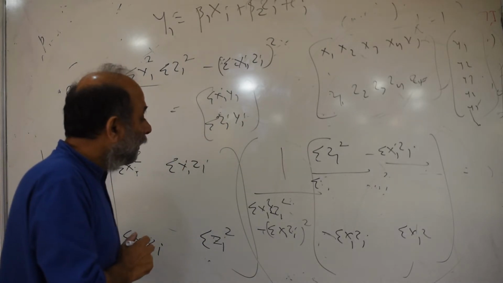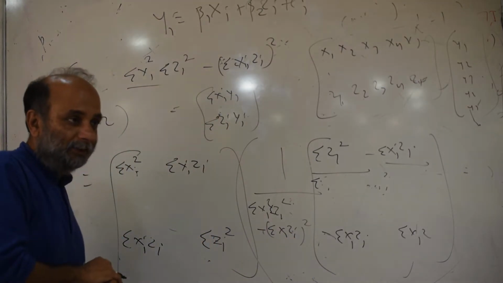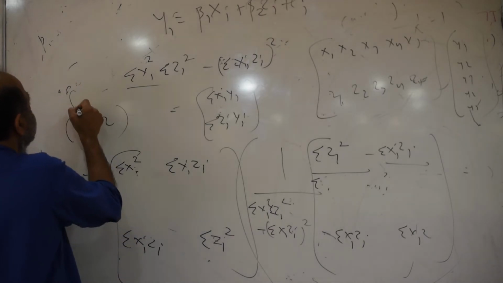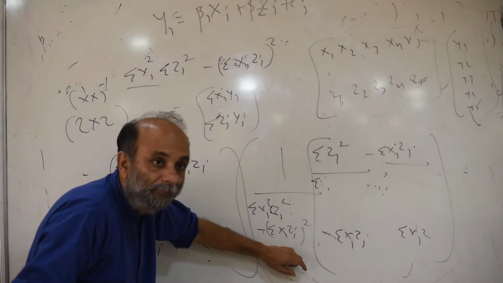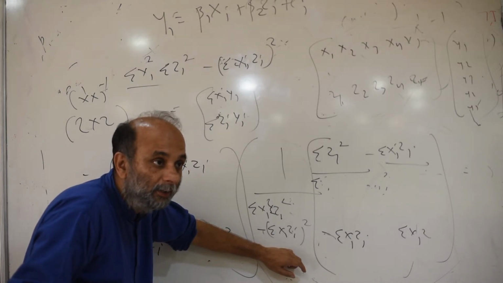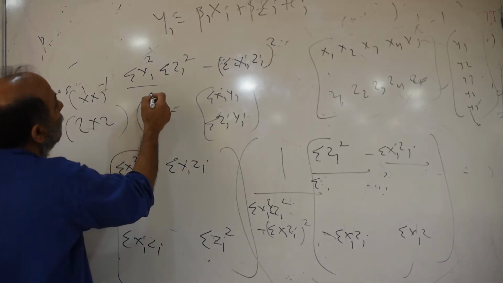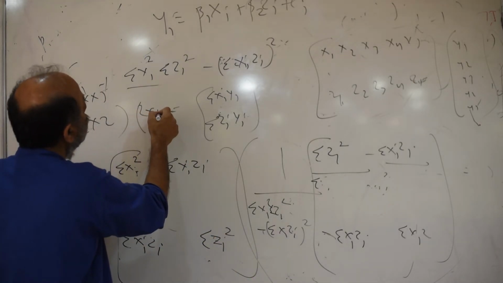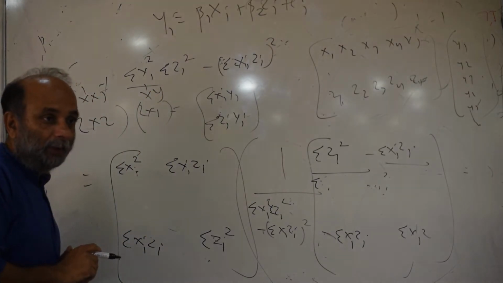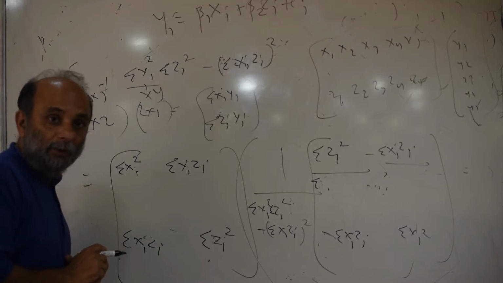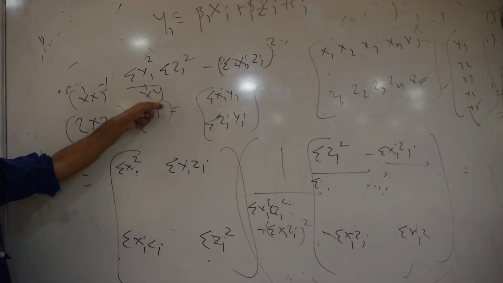Right? Now this matrix that you've got is a 2 cross 2 matrix, which is x transpose x inverse. This has to be multiplied by this 2 cross 1 matrix, x transpose y. X dash x inverse into x transpose y.